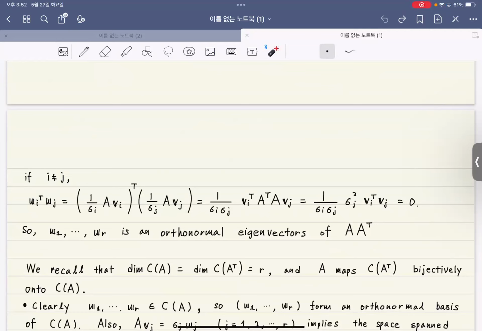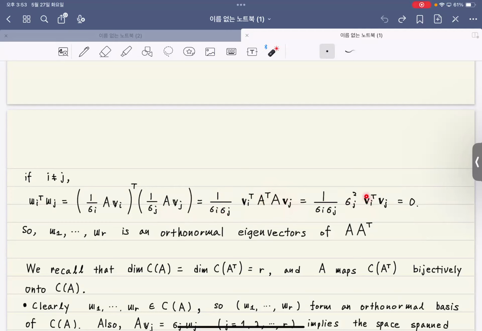Why? Because if two indices are different, I take the inner product of Ui and Uj. Ui, by our definition, is 1 over sigma i times A Vi, and Uj is 1 over sigma j times A Vj. Expanding this, we have this, but Vj was assumed to be an eigenvector of A^T A, so this can be replaced by sigma j squared times Vj.